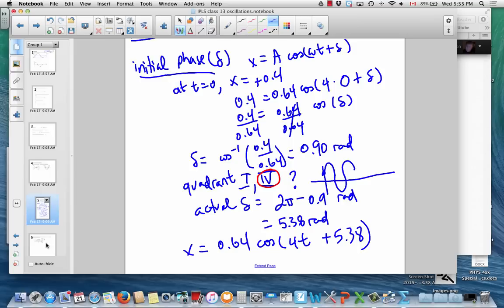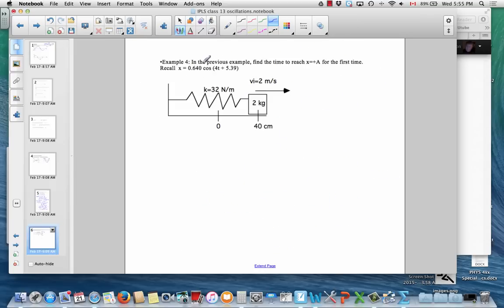Now, having done that, and here's the answer right here, we can now, given position, find the time. So let's find out how long it takes to get here to the end. Now, we're going to get to the end repeatedly. There's going to be lots of times when we're here, but it says what's the first time that we get there.